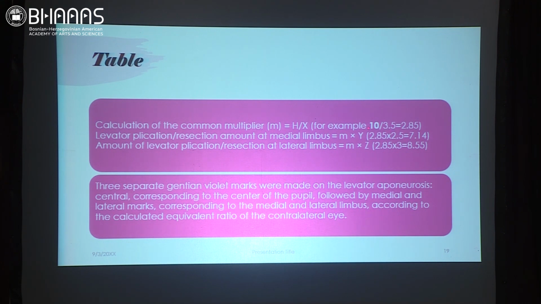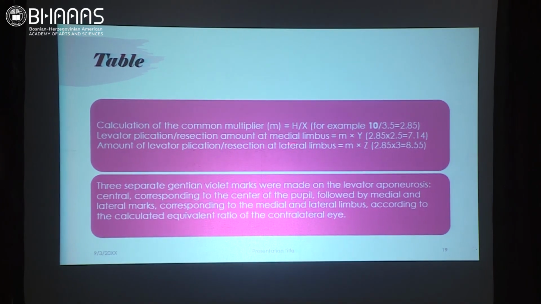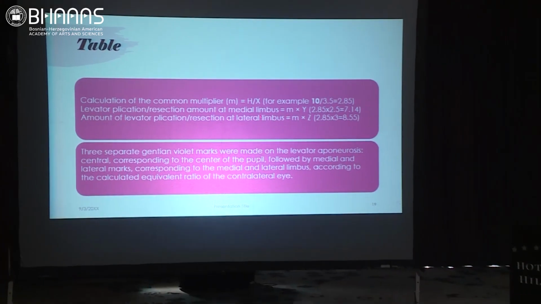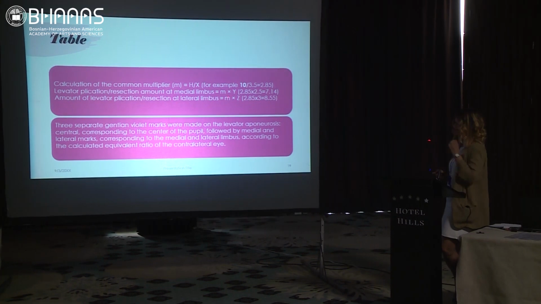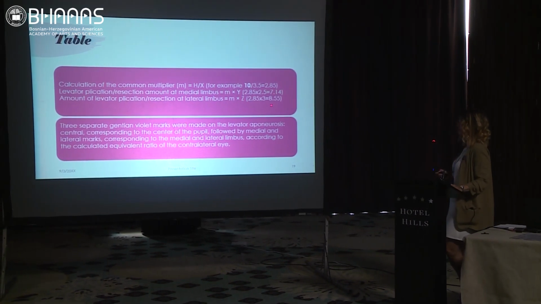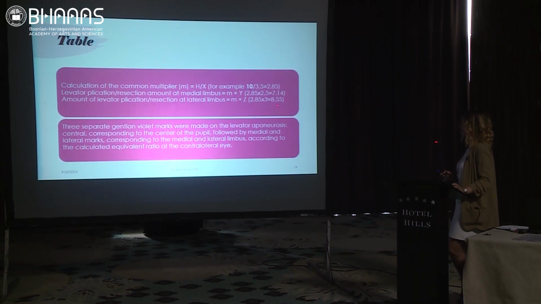You divide this and you come up with a number. Then you multiply M with Y, the medial measurement, and we ended up with 7.14. And then for the lateral part, you multiply M with epsilon, that third measurement I showed you previously, and you end up with another number.